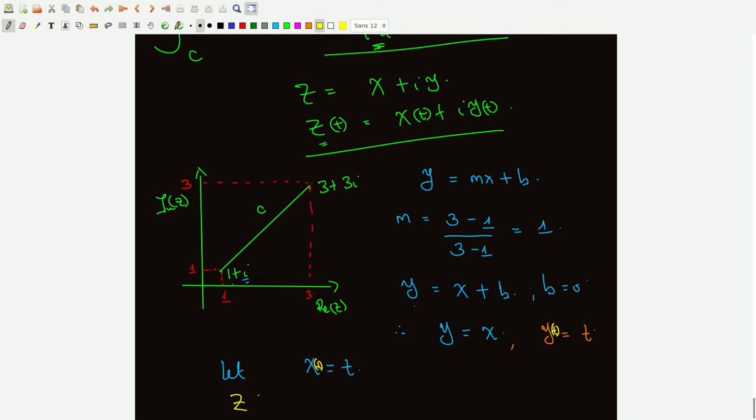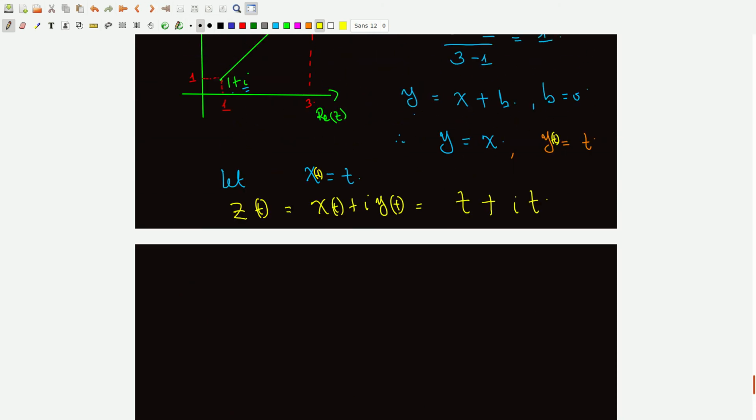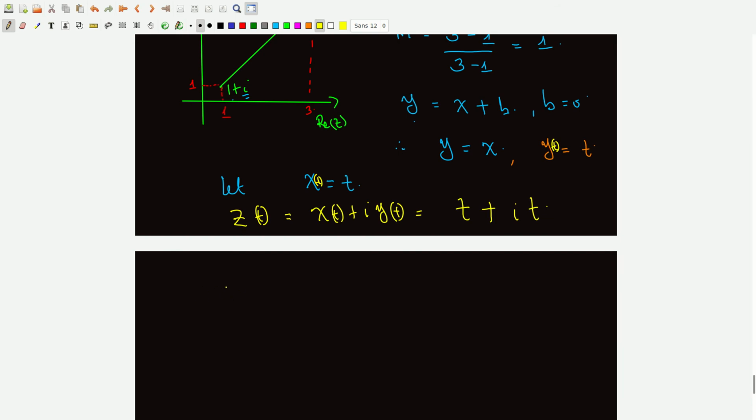So that means that our z of t is given as x of t plus i y of t, which is equal to t plus i t. Then we have to compute dz.